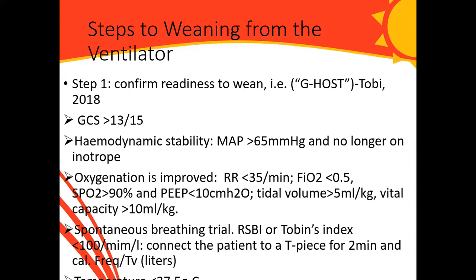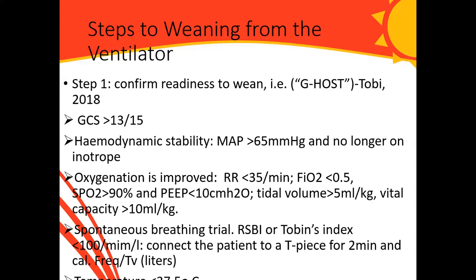Mnemonics. The G is when the GCS has improved to at least 13/15. The patient is now hemodynamically stable with mean arterial pressure greater than 65 millimeters of mercury, and the patient is no longer on inotropic support.